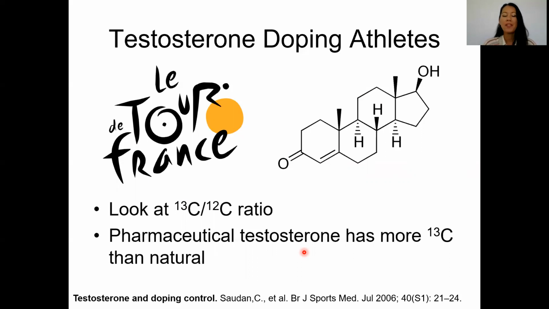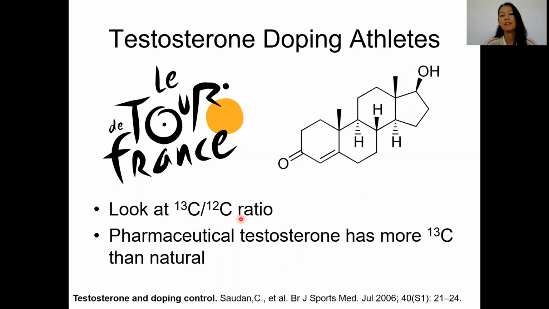But what they did do was they looked at the testosterone molecule, and each point here is a carbon that's not drawn out with hydrogens attached. You don't need to know that, but in case you're interested, they looked at the isotopic ratio of Floyd Landis's testosterone.